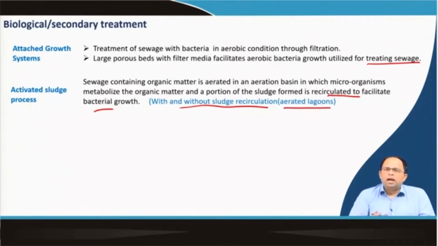We actually have broad tanks where we let the sewage in and then we just put air through it, but we do not do any sort of recirculation. But broadly, the activated sludge process refers to systems where some amount of sludge, or in other terms activated sludge, is used to start the decomposition process.